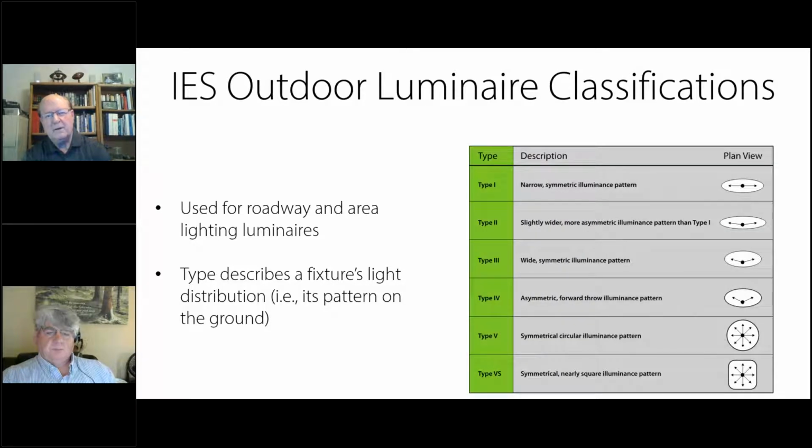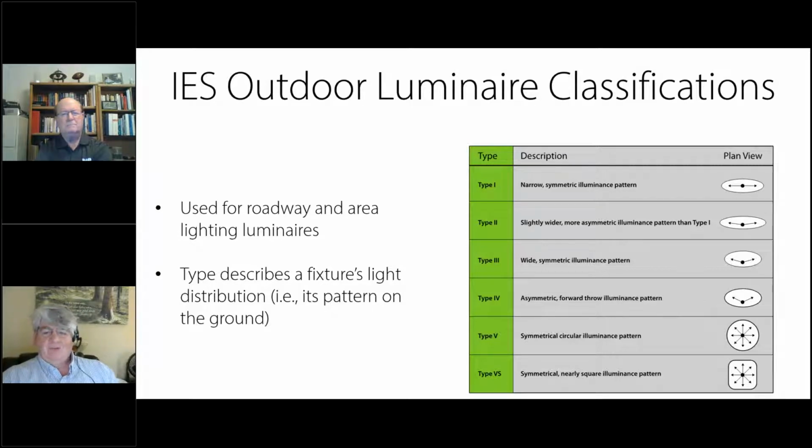So Donald, I'm going to ask you if you would to come in and just briefly give us an overview of type 1 through type 5S, please. Sure. So the type 1 is a narrow, very long spacing from pole to pole distribution that is used largely in center islands for roadways, this type of thing.